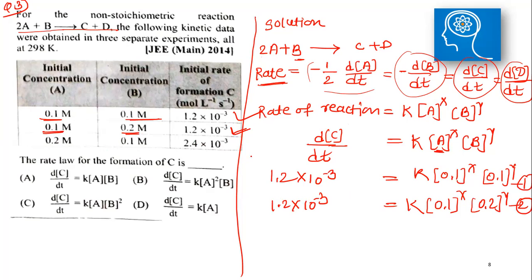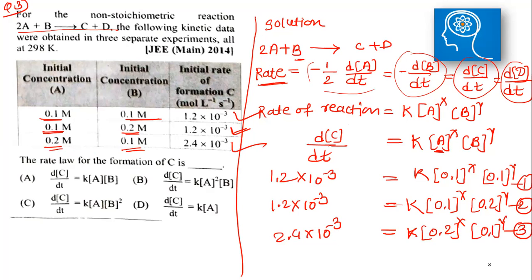Now, third one is 2.4 multiplied by 10 to the power -3 equal to k concentration of A ची व्हॅल्यू आहे 0.2, B ची आहे 0.1. So put this value 0.2 to the power x, 0.1 to the power y. This is equation number 3.